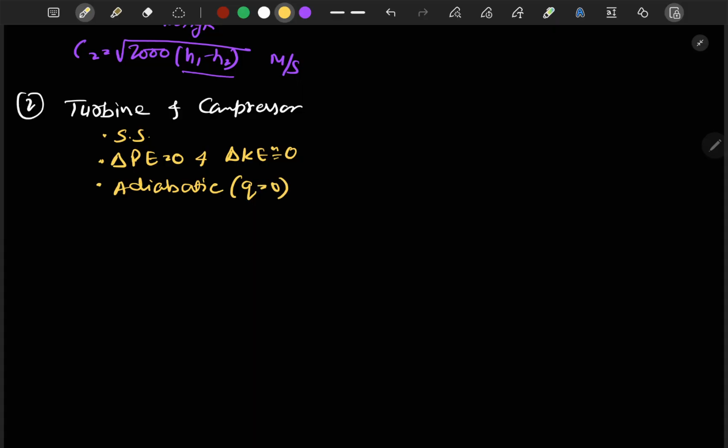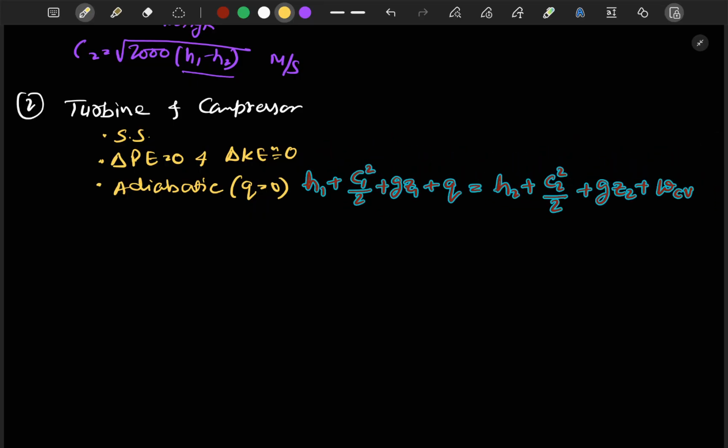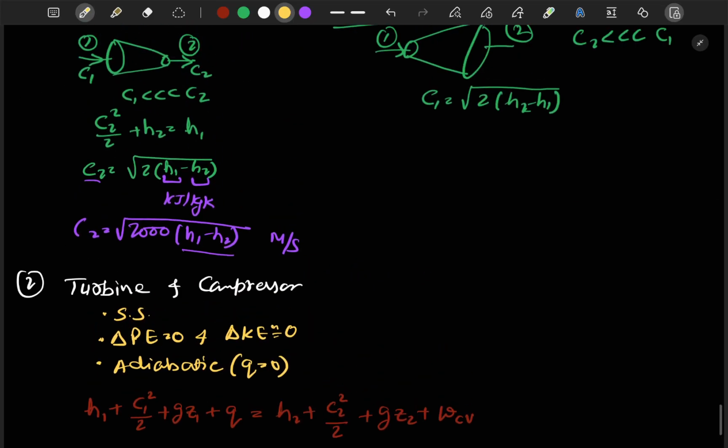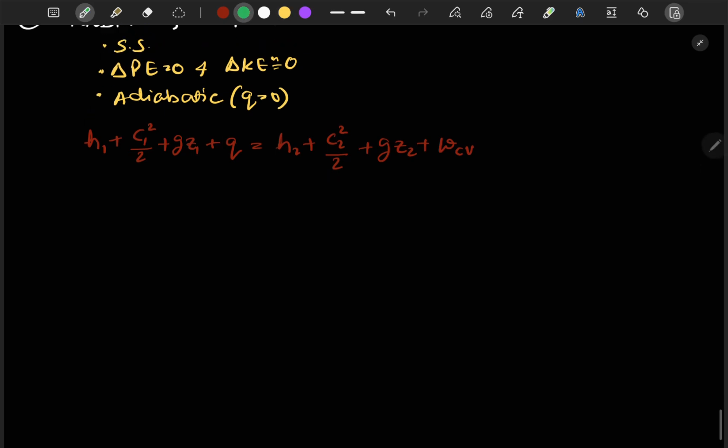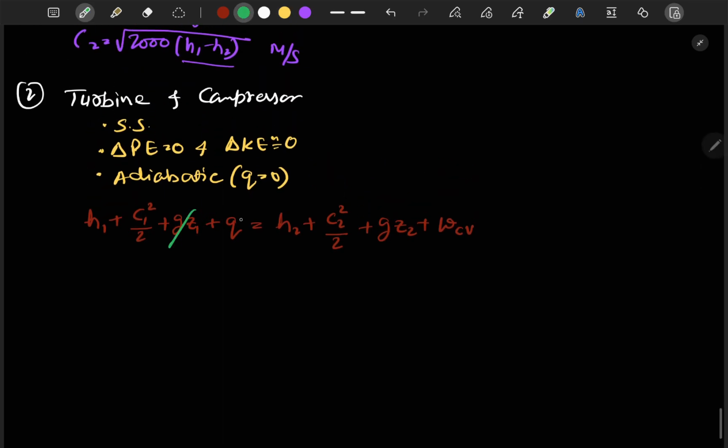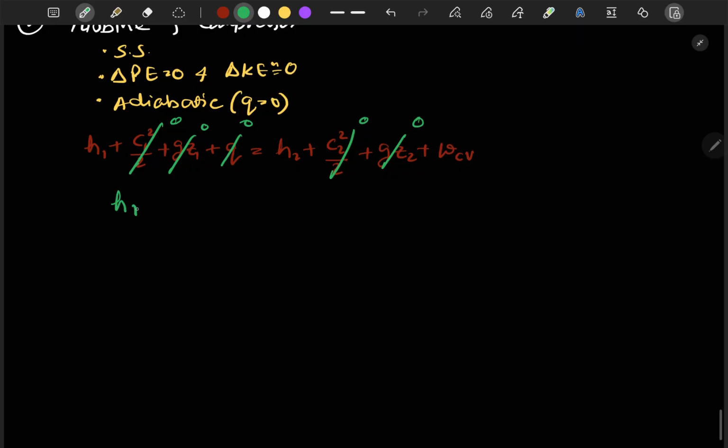Okay, now this is our steady flow energy equation. If we look into it, this term will be 0, this term will be 0, here this term will be 0. We are left with the change in kinetic energy, which is also 0. So we can directly get the equation H1 minus H2 equals work done by the CV.